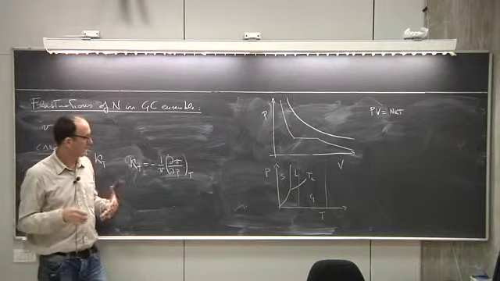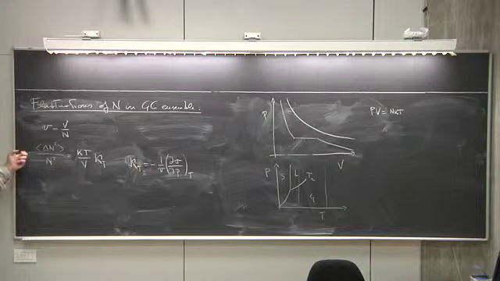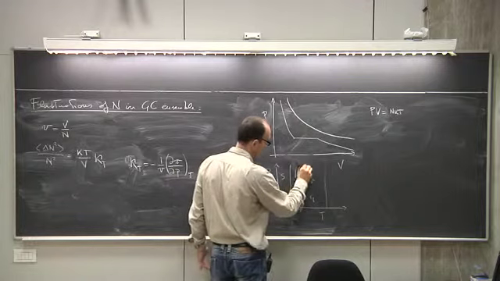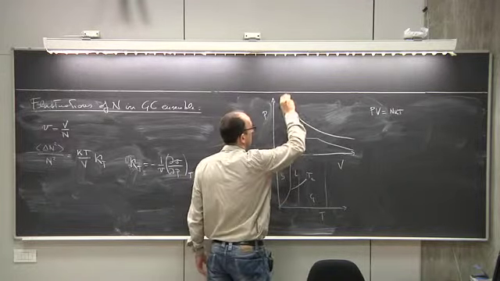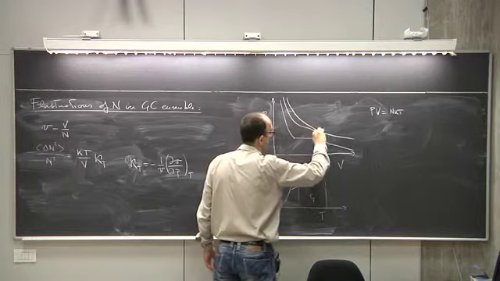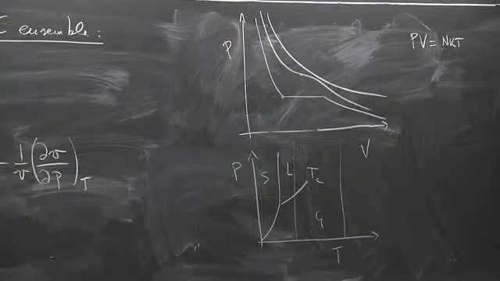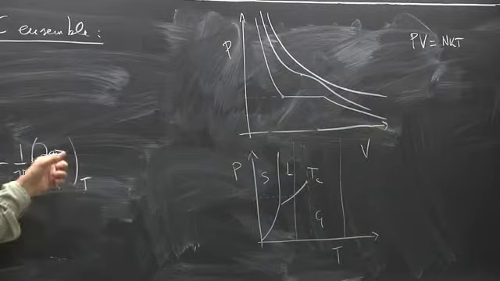And if you draw isotherms which are very close to the phase transition, you will get something with a slope very close to 0. It means that this coefficient will be very, very large.